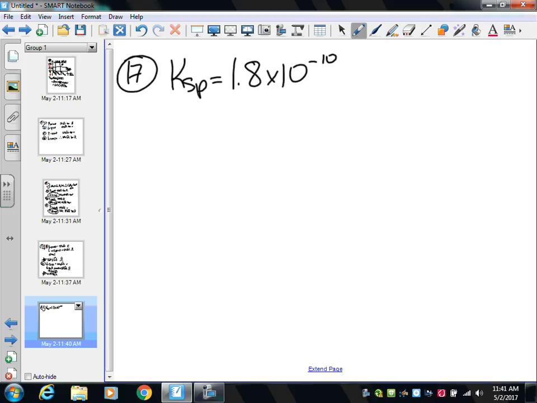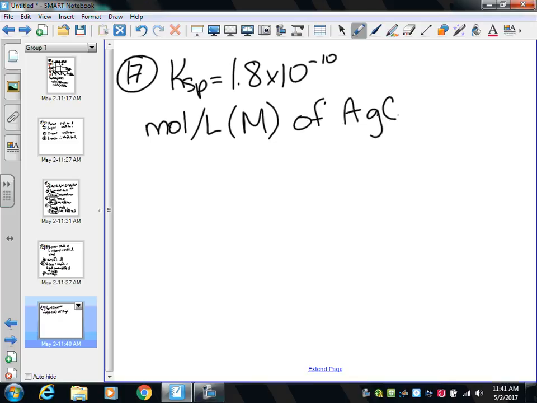We are being asked about moles per liter, right? Or another one is a capital M, right? That's molarity. That's our unknown.